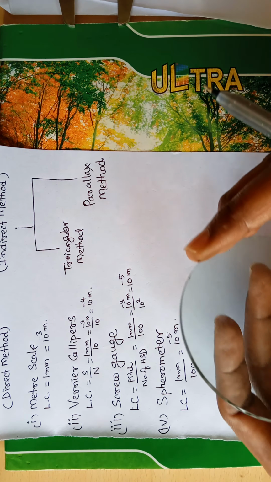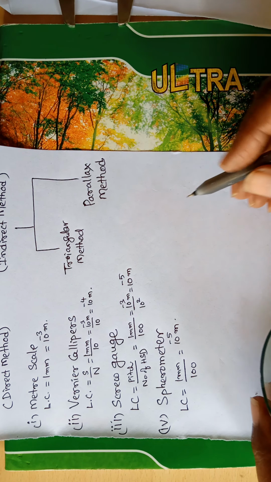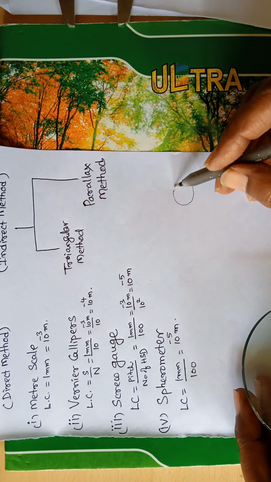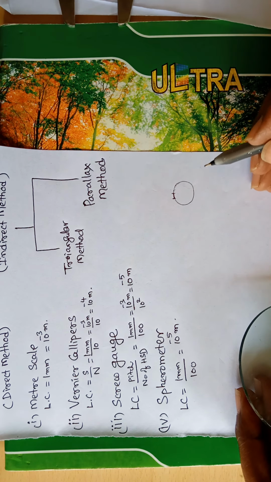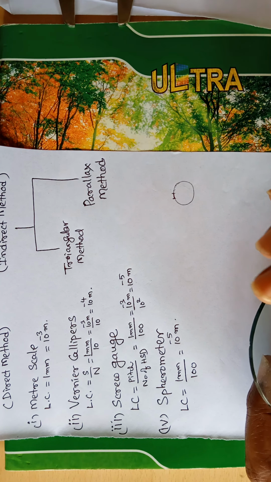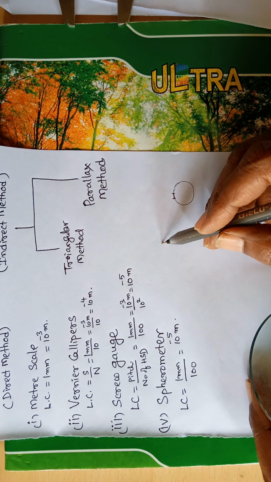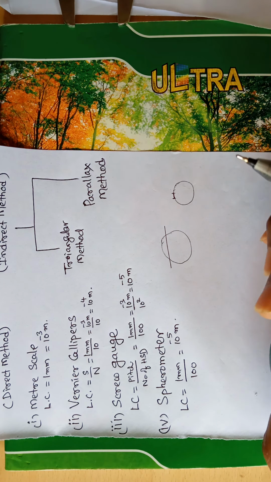It means what? Just like suppose this is a circle, a part of a circle is called an arc. Similarly, a part of a spherical shell. Suppose you take a spherical shell and cut it like this, you will get the watch glass.